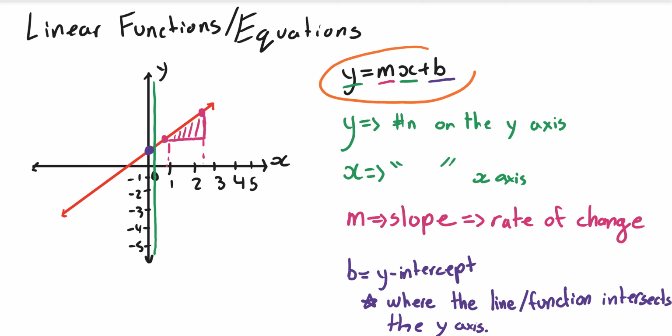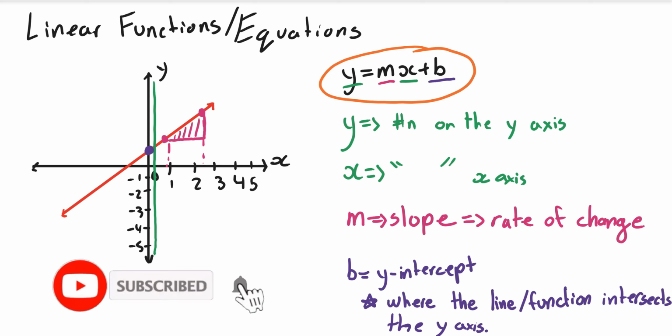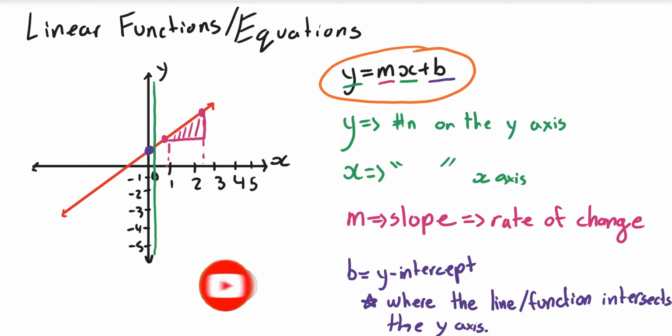All right? Perfect. Now, how about we do a practice problem together, just to show you what it's like. Let's say we have the equation y is equal to 2x plus 1, and we were asked to graph this.